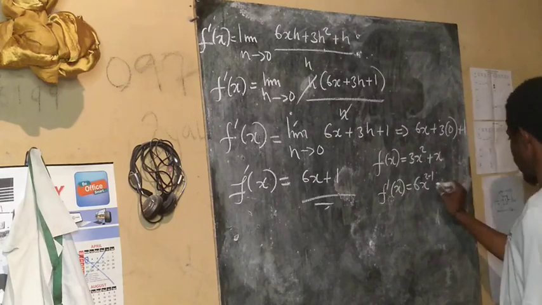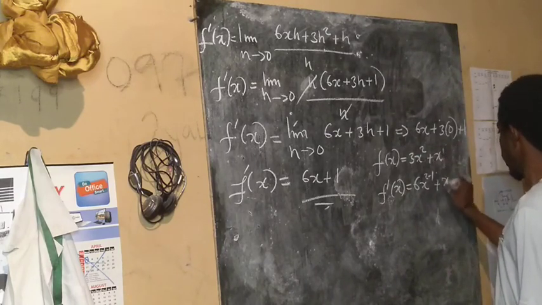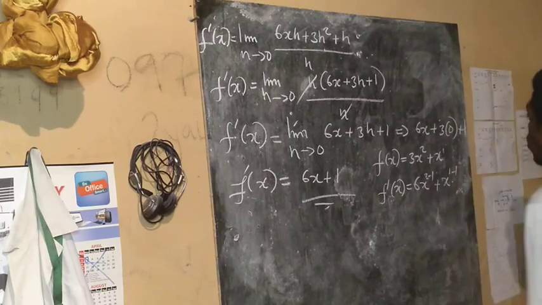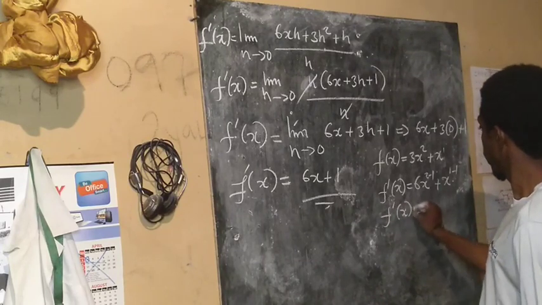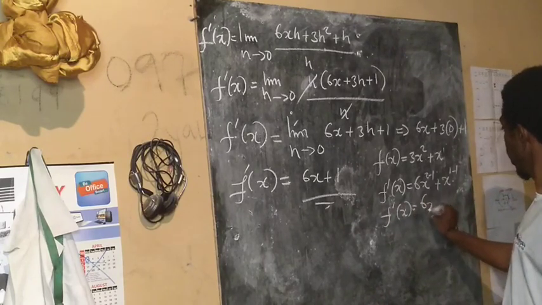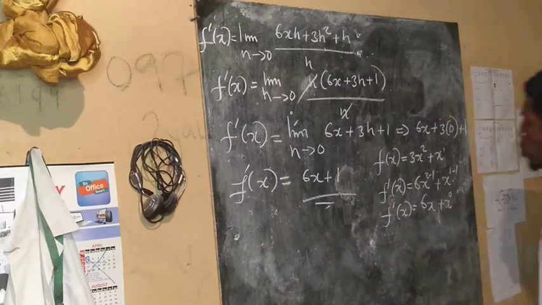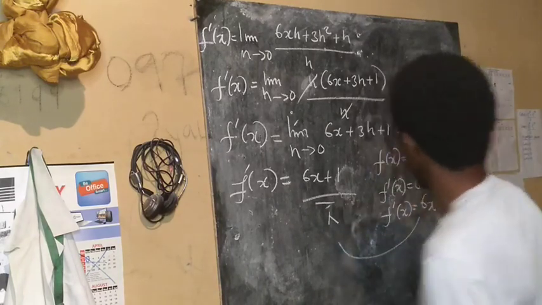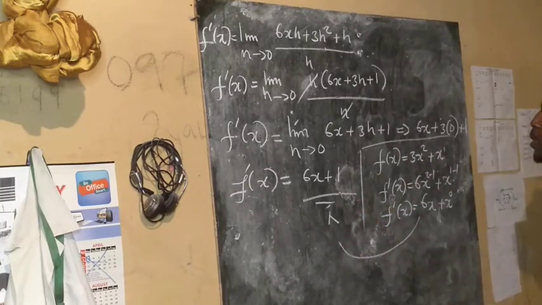Then plus: 1 multiplied by x gives x, with 1 minus 1 on top. Any number to the power 0 is 1. So f prime of x equals 6x plus x to the power 0, which is just 1. So by the power rule, you can prove the first principle that we've solved.